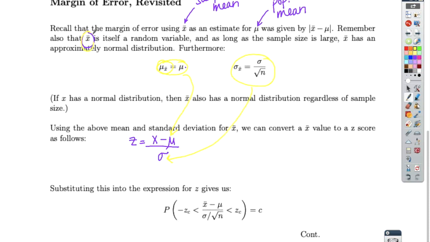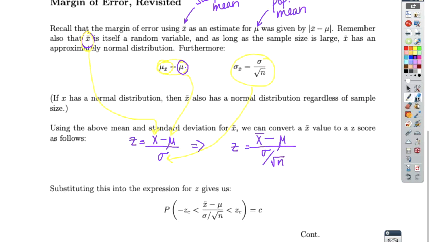Converting this into the language of the sample mean, we find that z equals x bar, there's our mean, minus, now what is the mean of the sampling distribution? It turns out it doesn't change, so still just mu. What does change is the standard deviation. So instead of just sigma, now it's sigma over the square root of n.